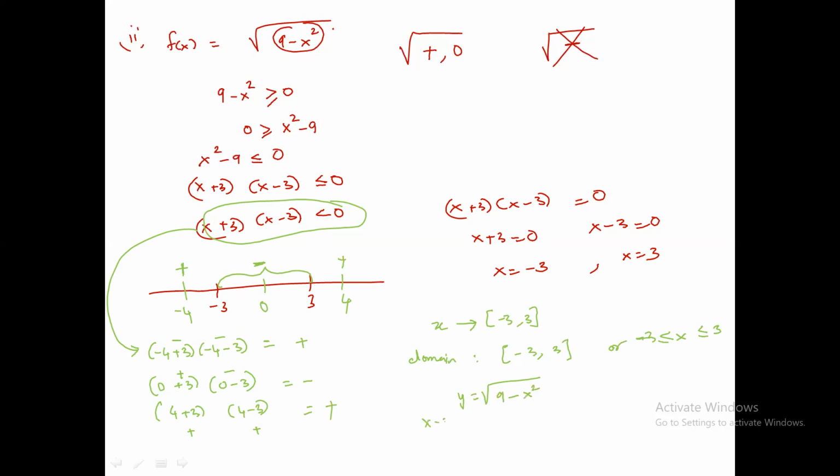If you put x as minus 3, you will get y as square root of 0. So the y values are starting with 0. And if you put x as 0, y will be square root of 9, that is 3. Y values will end at 3. Y values start with 0 and end at 3. That means the range of the function is from 0 to 3.